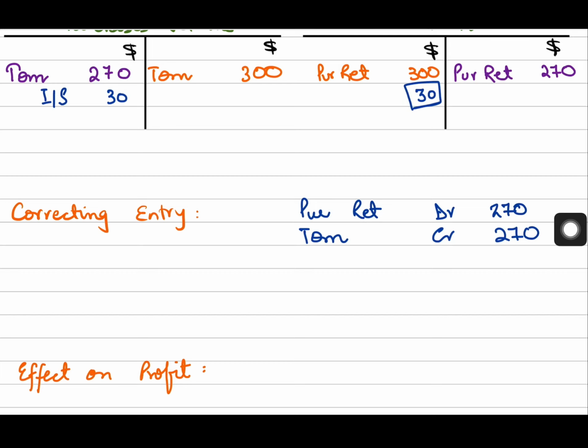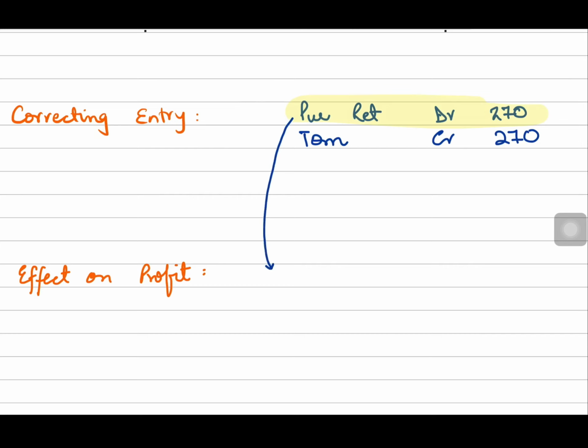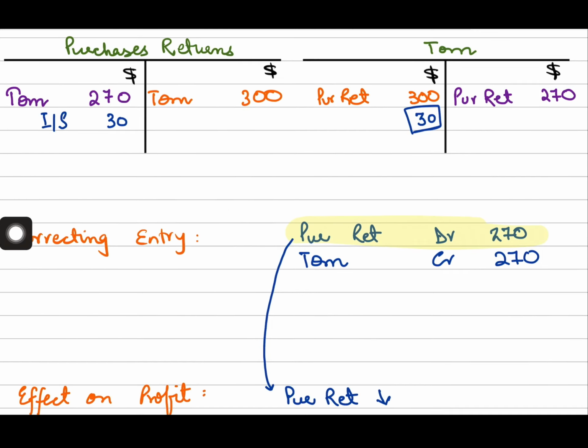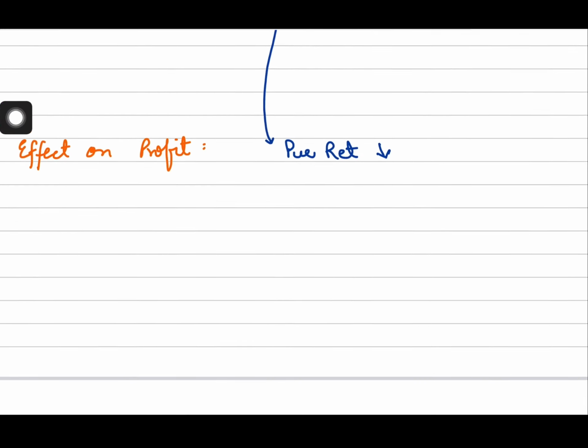Now how has this correcting entry affected my profit? By debiting purchases returns, I am decreasing my purchases returns. Why? Because previously I recorded 300 instead of just $30, right? So the original value of the purchase returns was just 30. I overstated it. So now I am reducing my purchases returns.